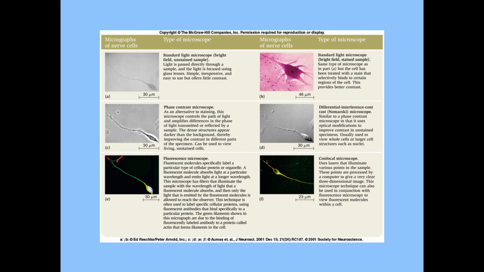Confocal microscopy is oftentimes used in combination, as is here, with fluorescent microscopy. So the dyes that are used are fluorescent dyes. They use the fluorescent antibodies, those sorts of things, and then they can get just a little bit more detail.